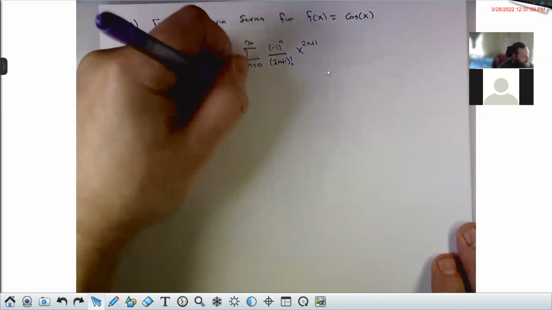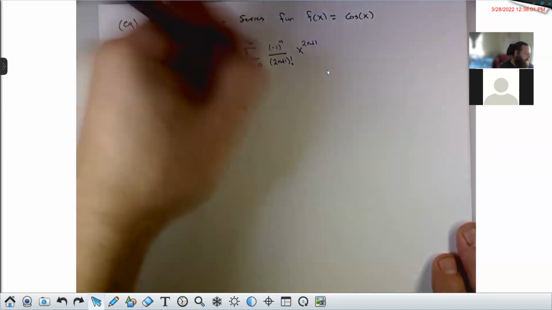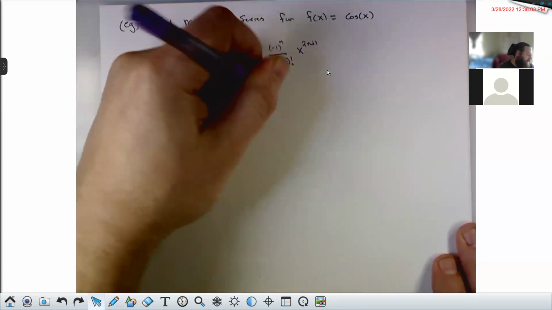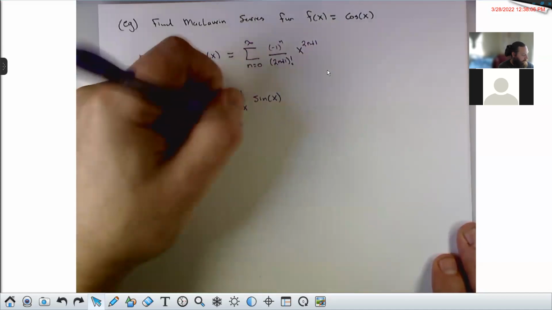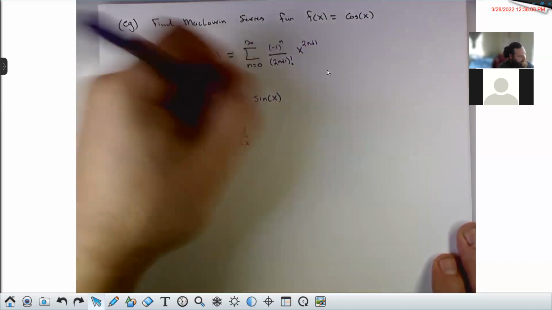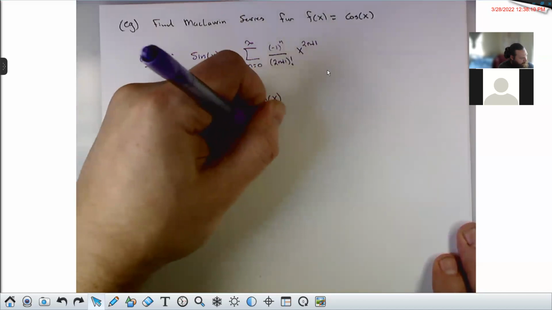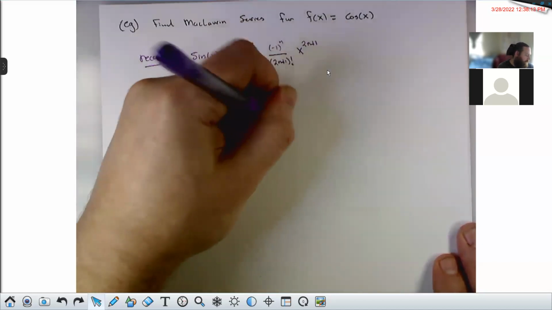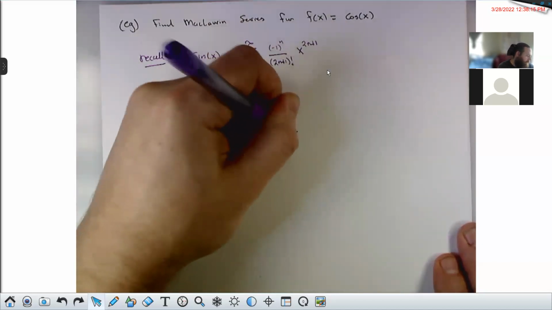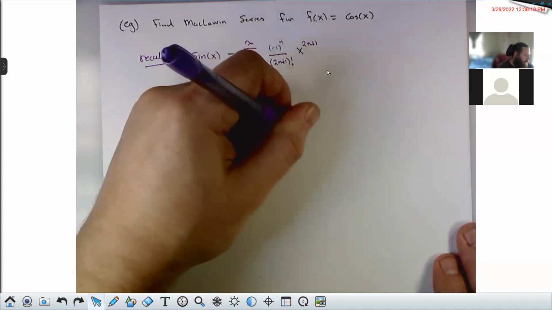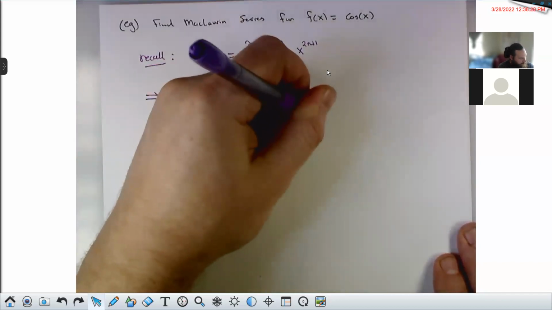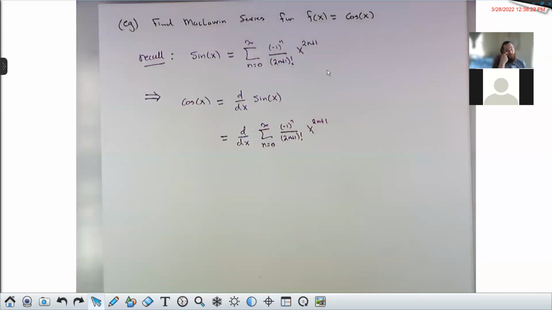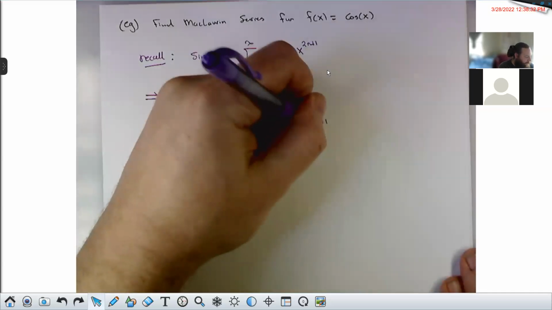Cos x, which we know is d dx of sine x, is d dx of the power series for sine x. And when you differentiate a power series, you get another power series. So that's how we're going to do this. Yeah, and it does work out to be basically what you get by swapping all the 2n plus 1s to 2n's. But we got to justify it. We got to explain why that's the case.